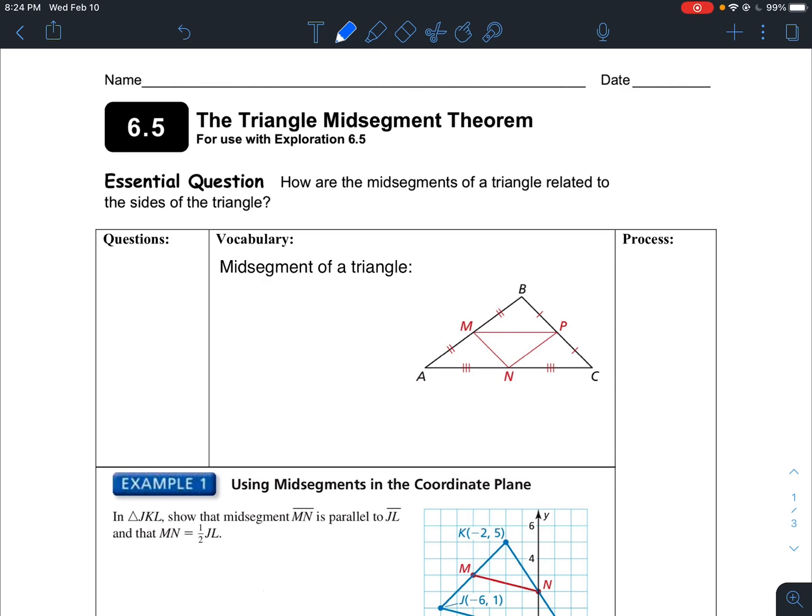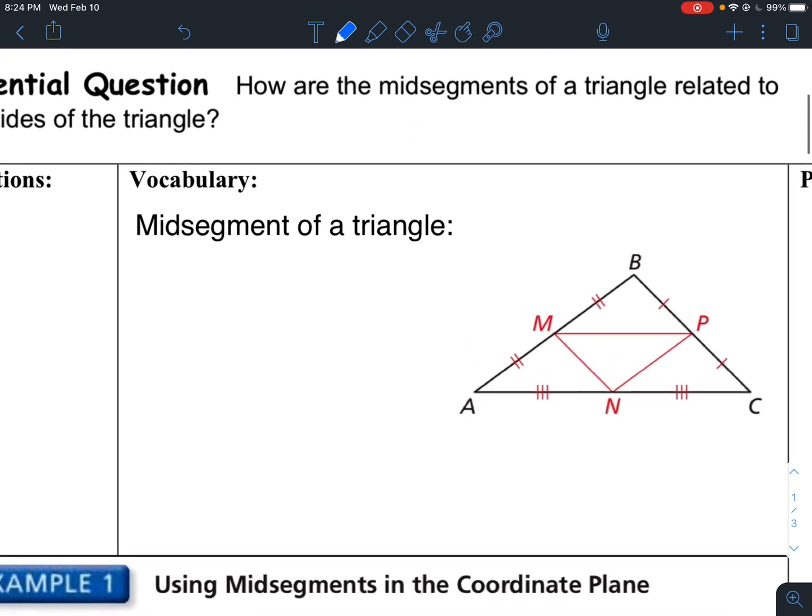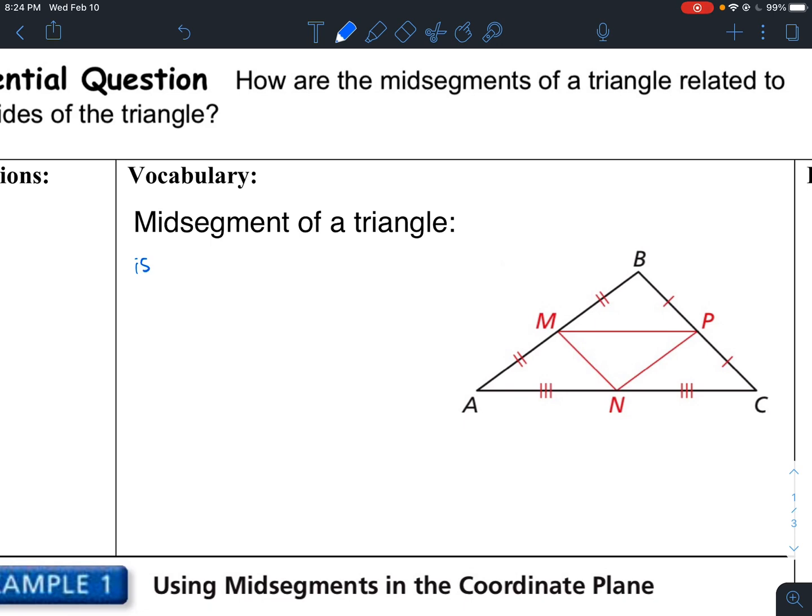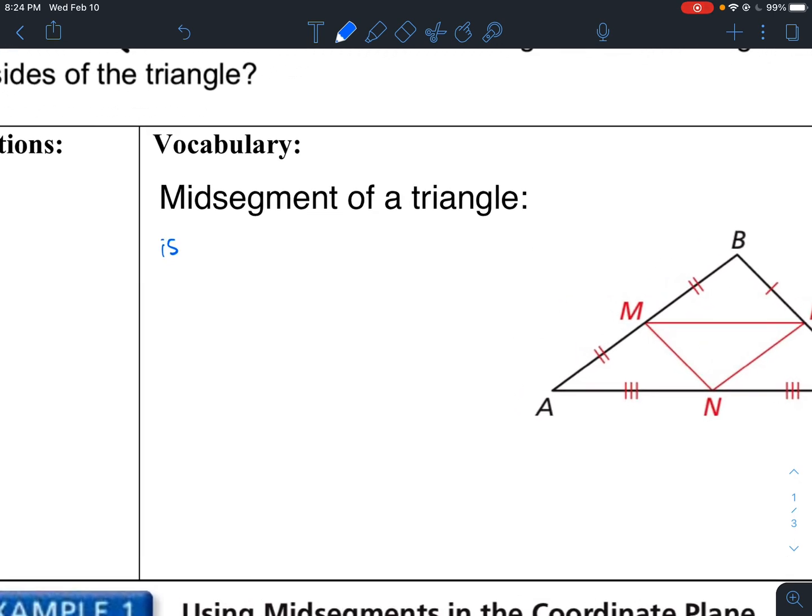mid-segment of a triangle. So the mid-segment of a triangle is a segment. Another word for segment is line.